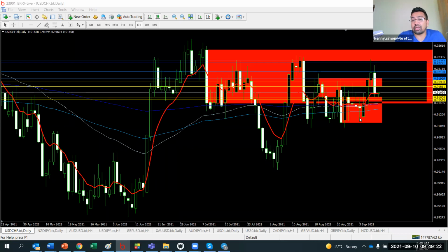So in this case, I think what would most probably happen is for USDCHF to just play along in this zone right here, and price action itself is proving to be quite effective in understanding the whole movement of prices for USDCHF at this moment of time, looking at the daily chart.